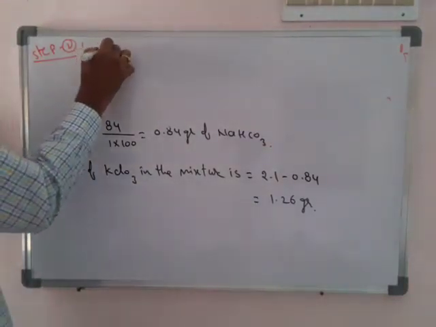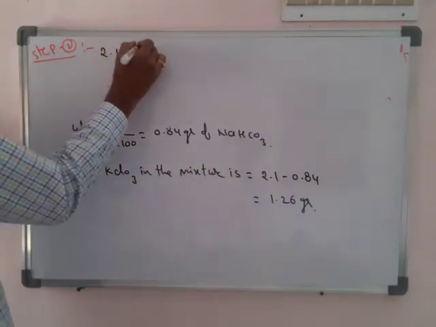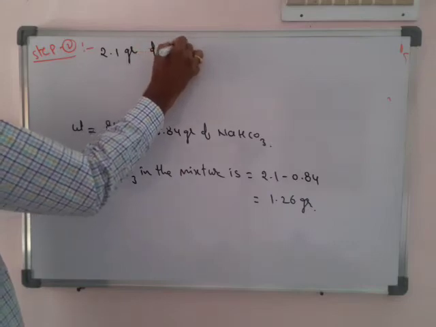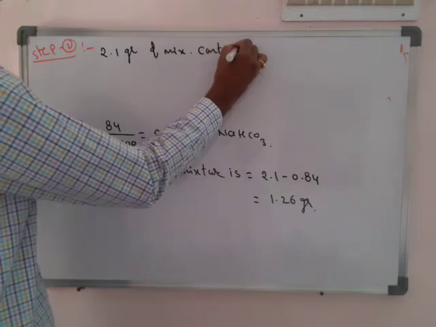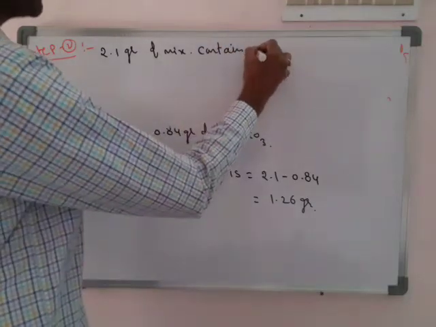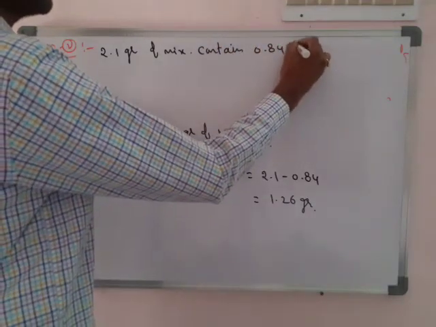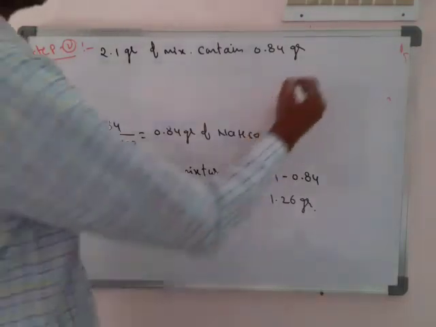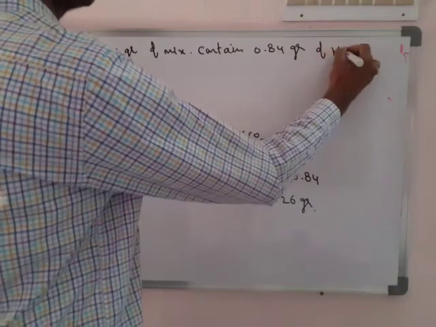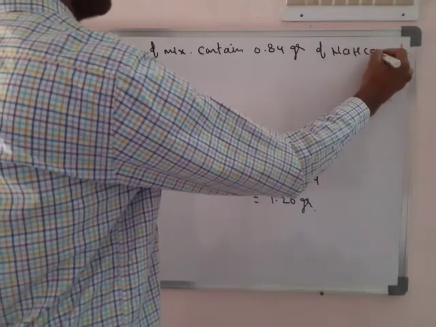So here, 2.1 gram of mixture contains how much sodium hydrogen carbonate? There is 0.84 gram of NaHCO3.